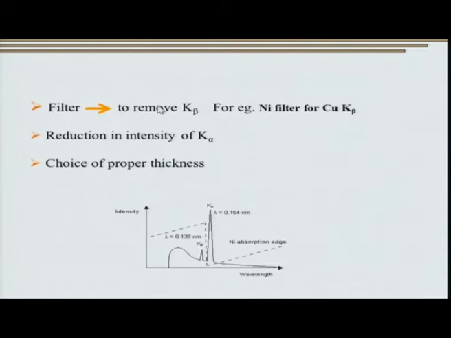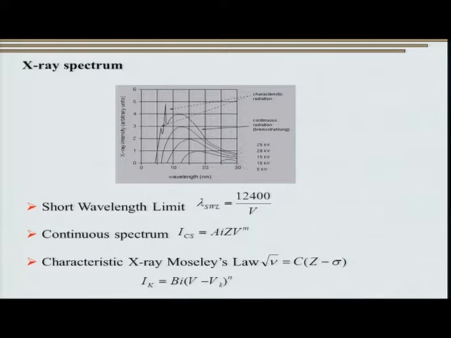These characteristic peaks occur according to Moseley's law, which says the square root of the frequency is equal to a constant times (Z minus sigma), where sigma is another constant. So, depending on the atomic number, different metals will give rise to different peaks.